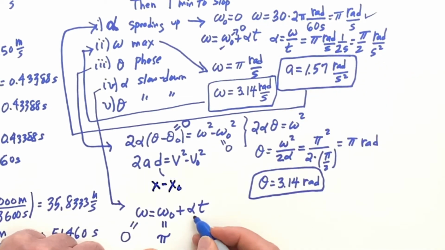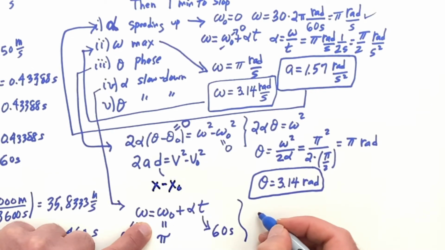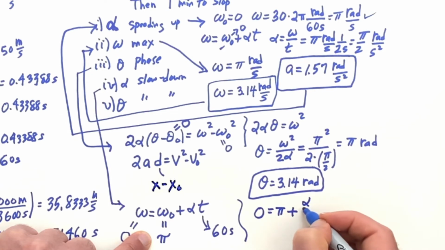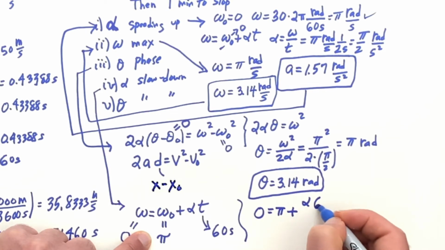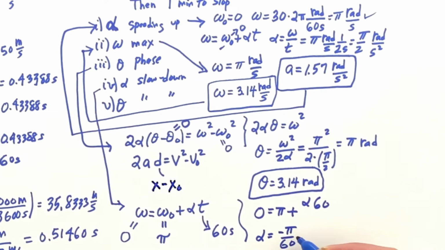And we're trying to find the alpha, and we know that the time is 1 minute, so it's 60 seconds. So 0 equals pi plus alpha times 60. So the alpha is minus pi over 60.